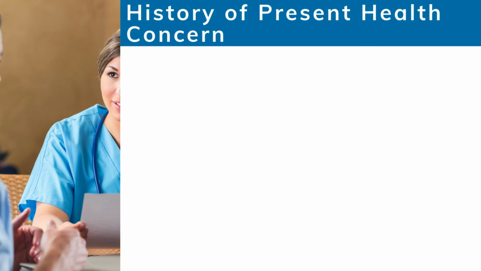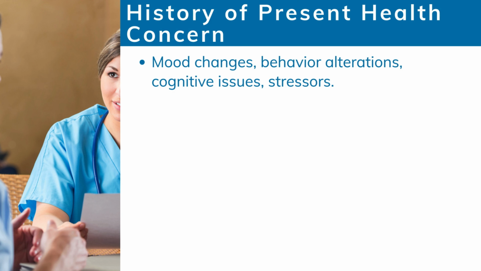To get a clear picture of a patient's mental status, we ask about their current symptoms. Key areas to explore include mood changes. Are they feeling sad, anxious, or irritable? Behavior alterations. Have there been changes in social interactions or daily activities?